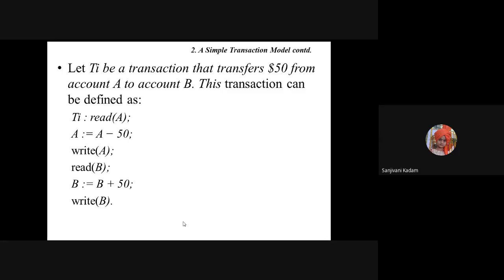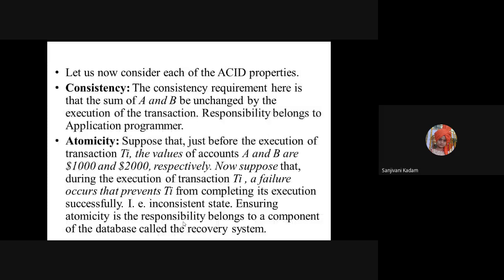Okay, let us go to the next statement. Now check whether this transaction possesses the ACID properties, or whether these ACID properties are followed by the transaction. Let us check for consistency, whether all operations are correct.